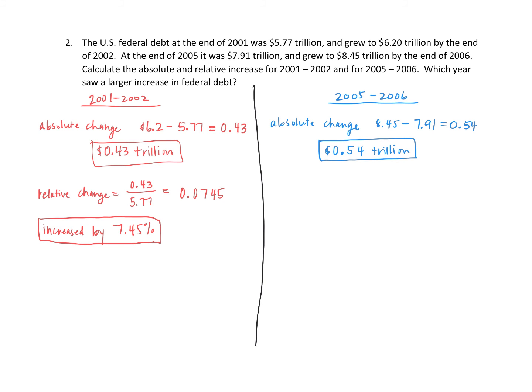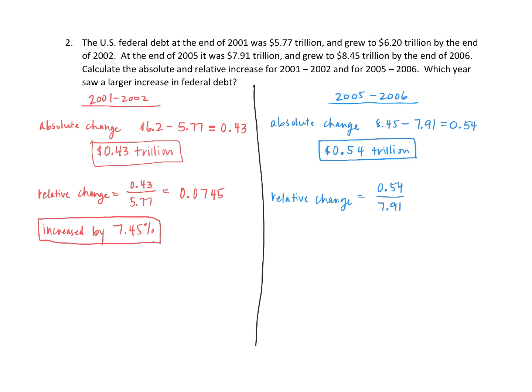And now I want to find the relative change. So the relative change is the absolute change, which is 0.54, over the original amount. So the original amount would be the amount of debt in 2005, and that's 7.91.